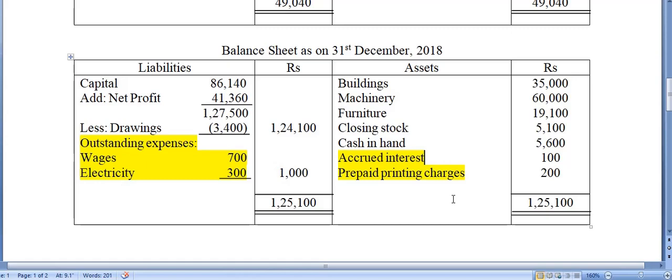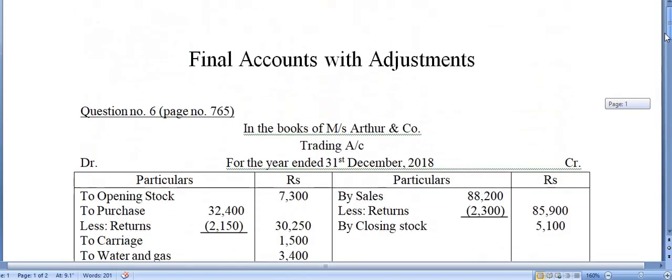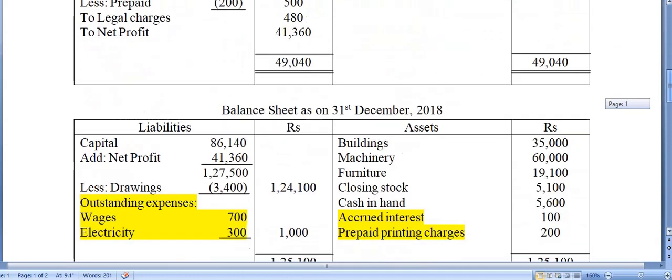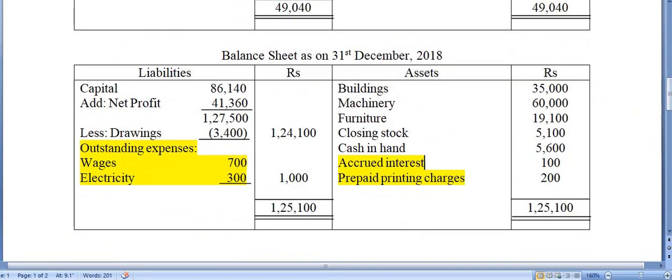And when your balance sheet matches perfectly, when both liabilities and assets are equal to each other, then it means that your entire work is correct. Your trading account, PL account, and balance sheet are correct, but there can be some mathematical errors.